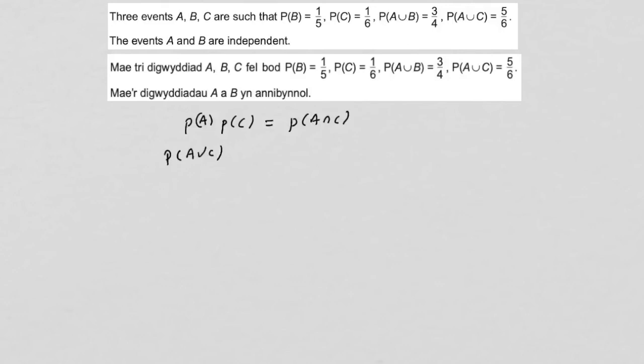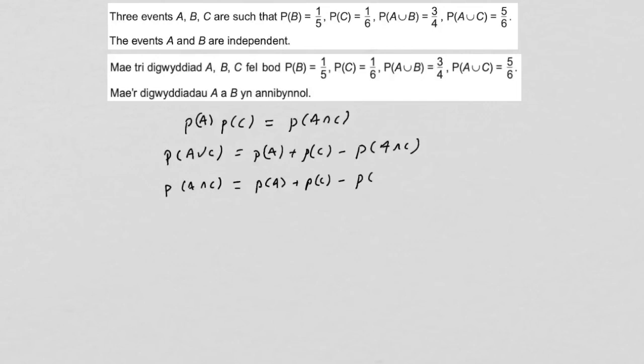A union C is the probability of A plus the probability of C, take away the probability of A intersection C. And in fact, we can write this the other way around, because if we add the intersection to both sides and subtract the union, we end up with this. And we know all the numbers we need for this.